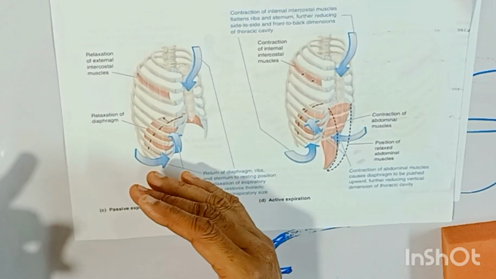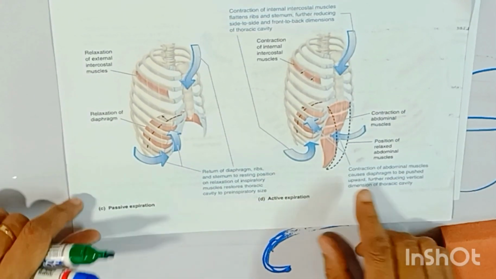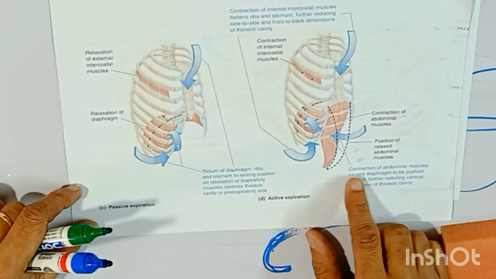There is a contraction of the external intercostals and another respiratory cycle begins. So here they have written this because it's an active respiration.